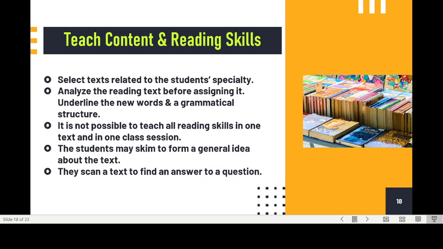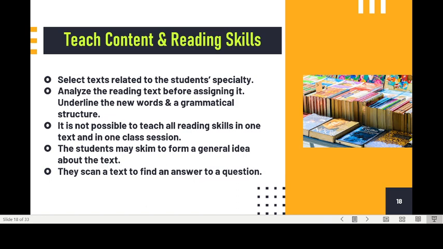In order to do that, the teacher should read several texts at home, underline difficult words and some grammatical structures. We don't teach all of the English grammar from one text, just a couple of grammatical structures. It's not possible to teach all reading skills in one text, nor in one class session. There are different types of reading skills that the students can practice.